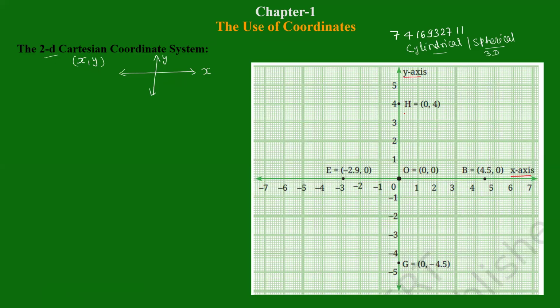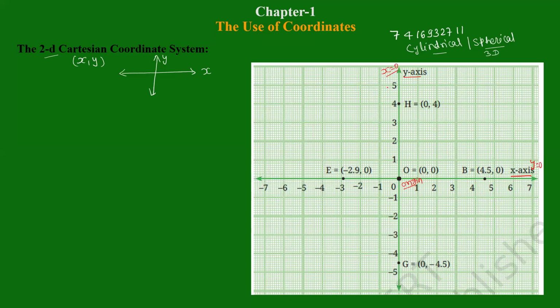The point where both axes intersect is called the origin, and the coordinates of the origin are (0, 0). On the x-axis, everywhere y equals 0, whereas on the y-axis, everywhere x equals 0.